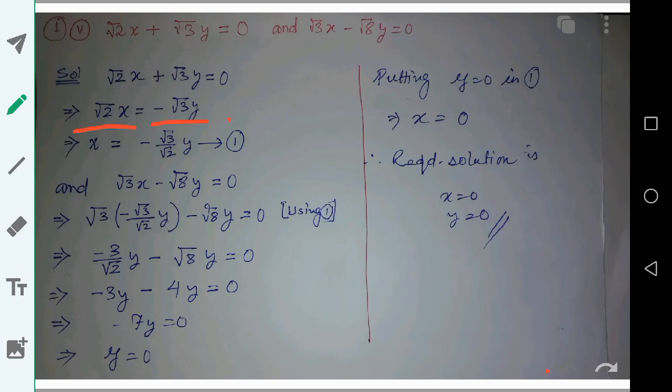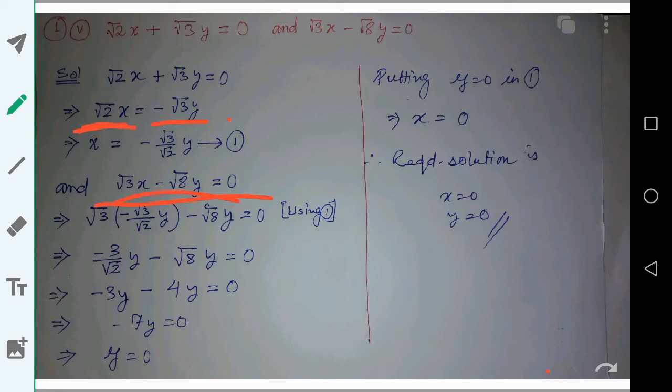That implies root 2 into x is equal to minus root 3 into y. On the other side, this term will be divided by root 2. So this is the value of x now. Now we will use this value of x in the next equation, so this is the next equation here.